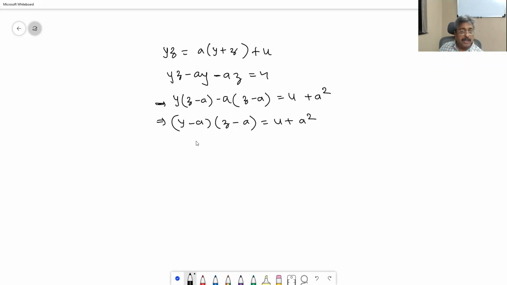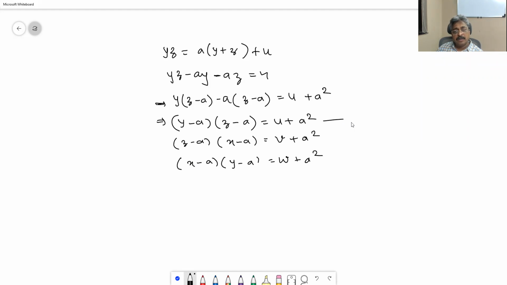Similarly, z minus a into x minus a will be equal to v plus a square, and similarly x minus a into y minus a will be equal to w plus a square. And now I think it should be doable.